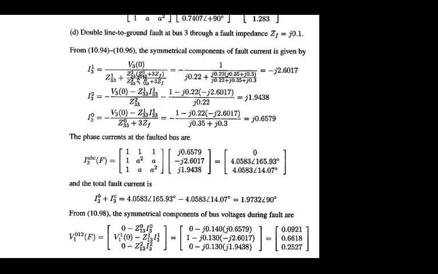You have to consider Z0 plus 3ZF in parallel with Z2. That is a trick to remember this formula. Z0 plus 3ZF with Z2 as a parallel circuit, and the total configuration in series with Z1. This is the explanation of the denominator part.